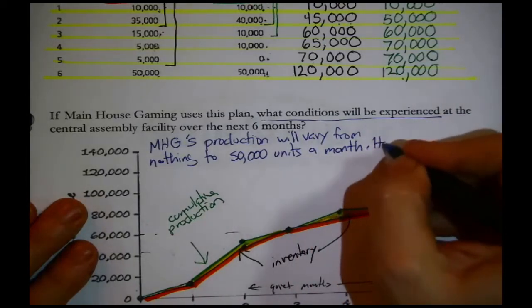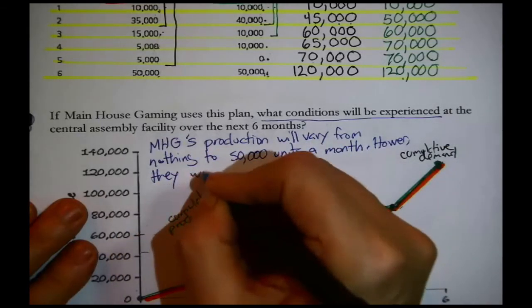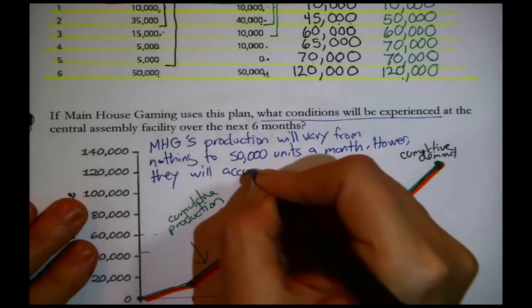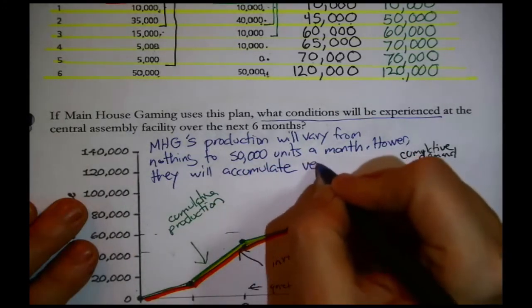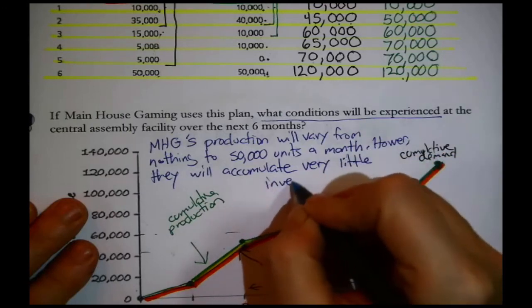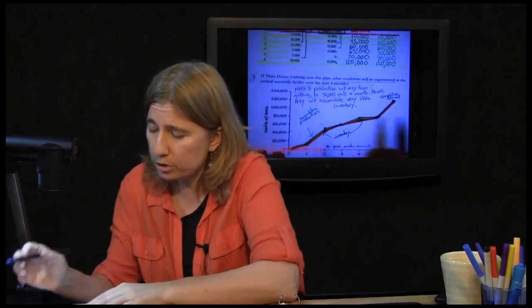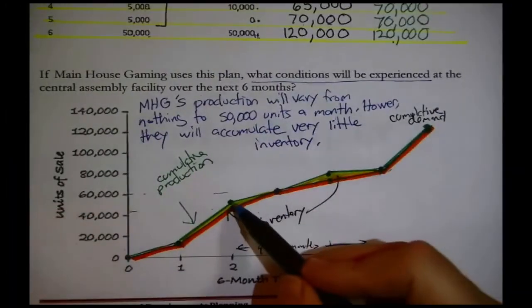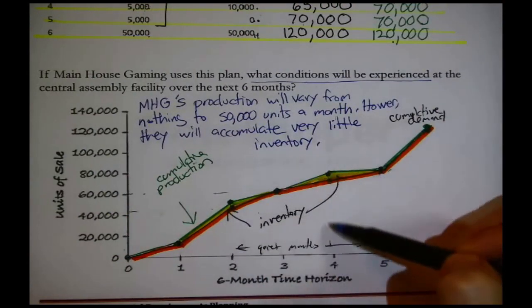However, they will accumulate very little inventory. And if I wanted to be more specific, I could actually cite when they would be accumulating that inventory. I would just simply look at my graph and say, oh yes, for instance, at the end of the second month and at the end of the fourth month.